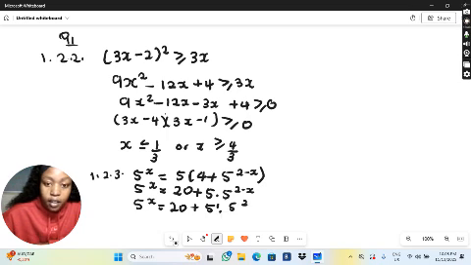We are taking 5 to the power negative x to the denominator to make it positive.